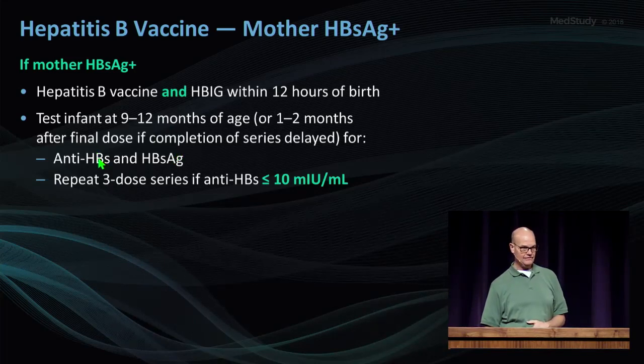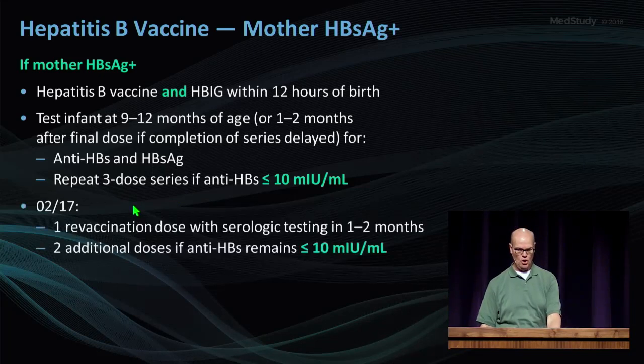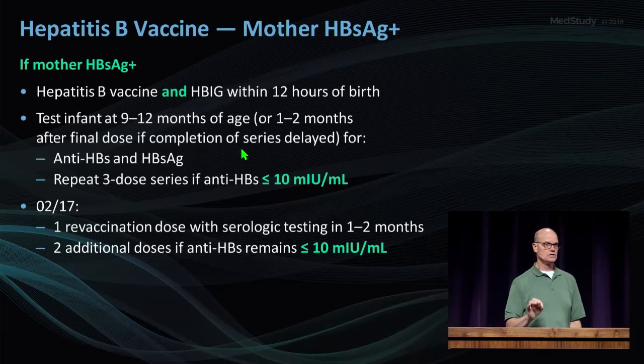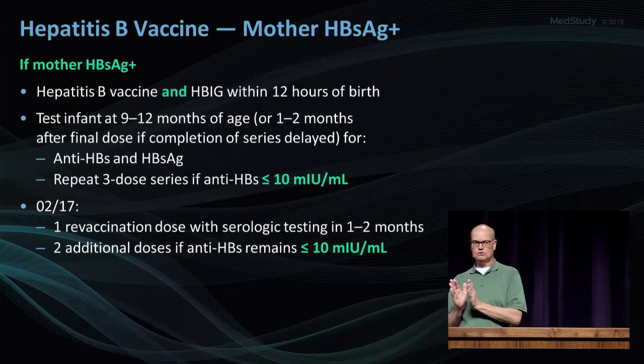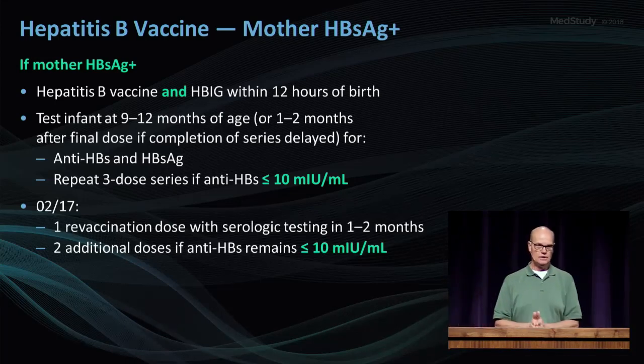If they do not have antibody, then you should either repeat the dose in a 3-dose series, or you can give 1 revaccination and repeat the testing. The older recommendation was just to go ahead and give a complete 3-dose series. A newer recommendation gave you the option to do this. But definitely the take-home message for your boards is remember how to treat a baby whose mom is surface antigen positive with both HBIG as well as the vaccine.